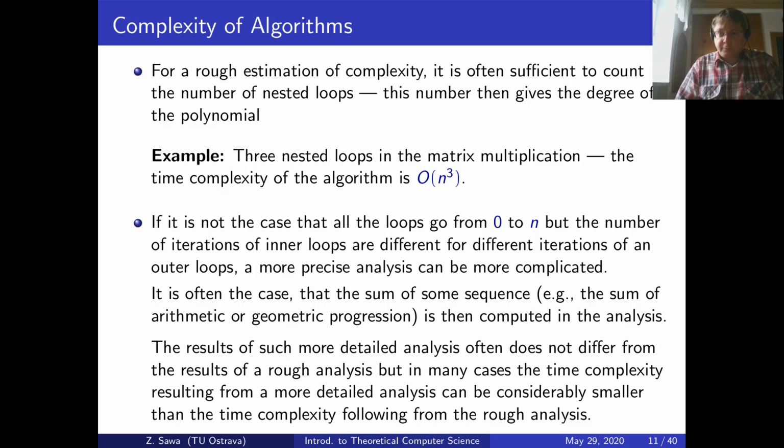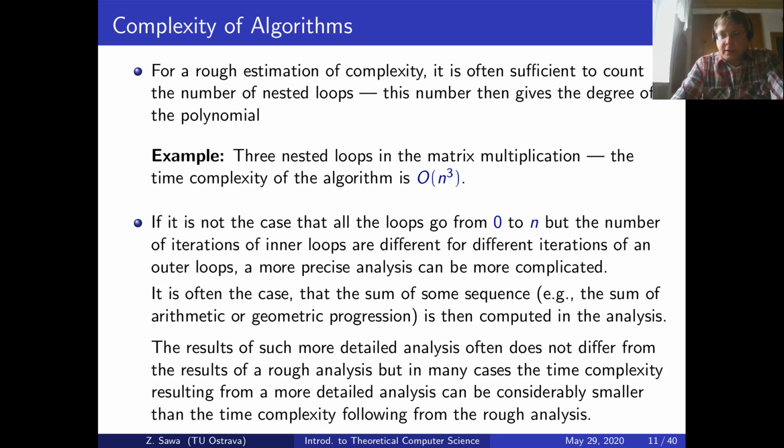It was not the case for insertion sort. We have just 2 loops, and even if the inner loop was performed a smaller number of times than n in each iteration of the outer loop, still the total complexity was n square. But in general it can be more complicated.